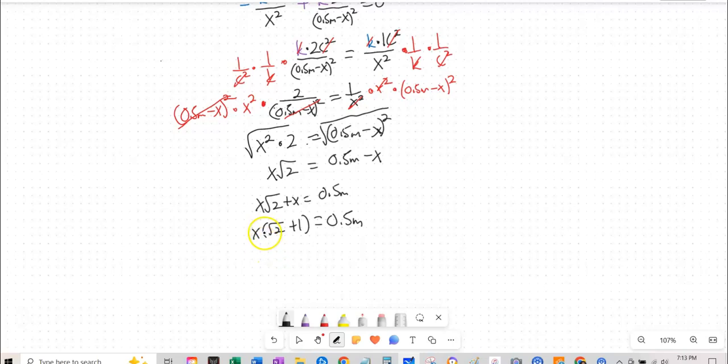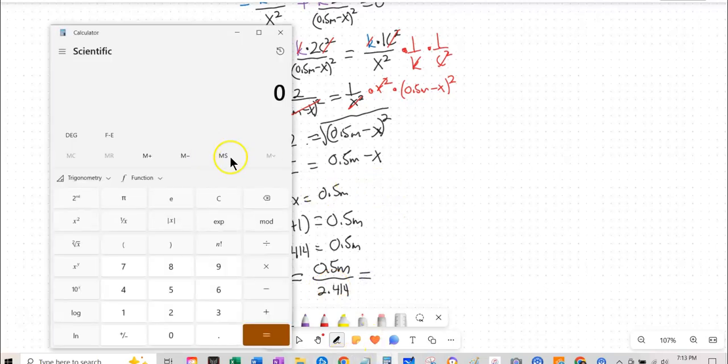Square root of 2 is 1.414, so this will be x times 2.414 equals 0.5 meters. So x is going to be equal to 0.5 meters divided by 2.414.